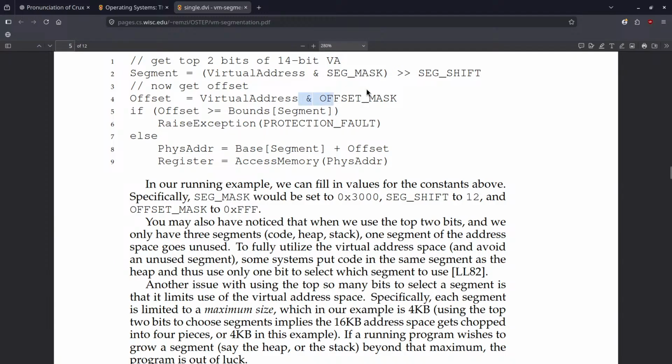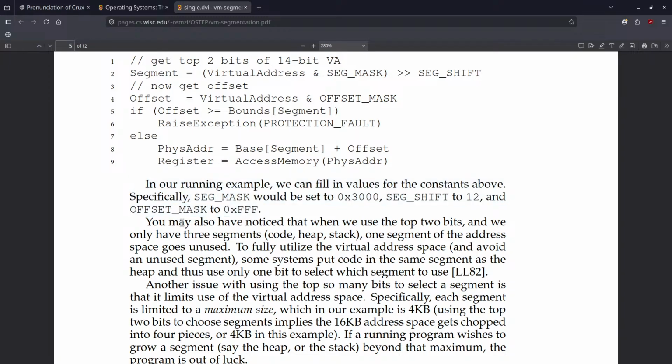Isn't this a no-op? Because this is FFF, which is all ones: 1 and 1 is 1, 0 and 1 is 0. Well, maybe it depends per case, I think.